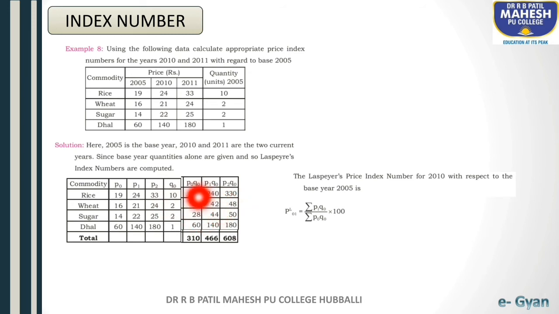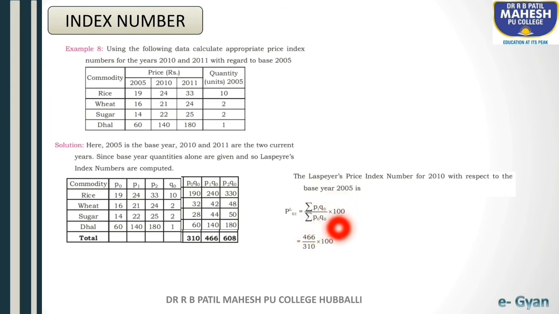After finding all these, take the summation. Summation P0 Q0 total is 310, summation P1 Q0 total is 466, and summation P2 Q0 is 608. Now substitute the values. Summation P1 Q0 is 466 and summation P0 Q0 is 310.